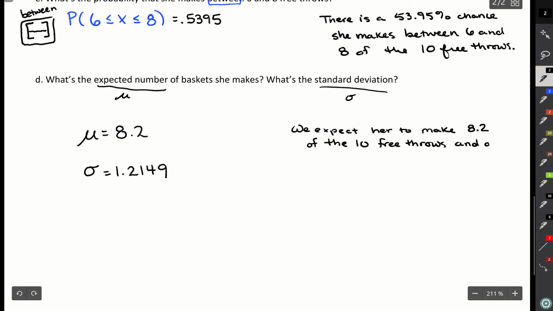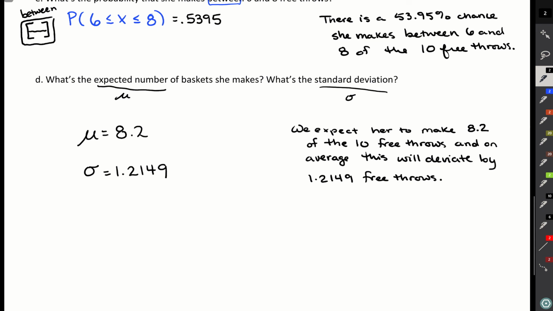And on average, this will deviate by 1.2149 free throws. So it gives us an idea of what we expect, and then on average, how that will change.